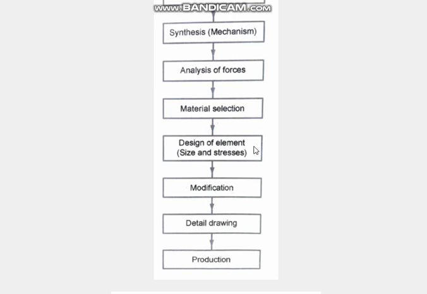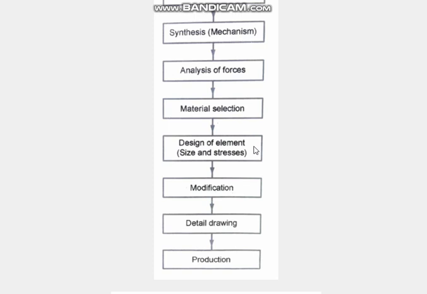And also we have to select the shape. Whether it is going to be circular, and if it is circular, what should be the diameter? If it is a square, what should be the size? If it is a rectangle, what should be the breadth and length? Like that, what should be the cross section and the length of the component?